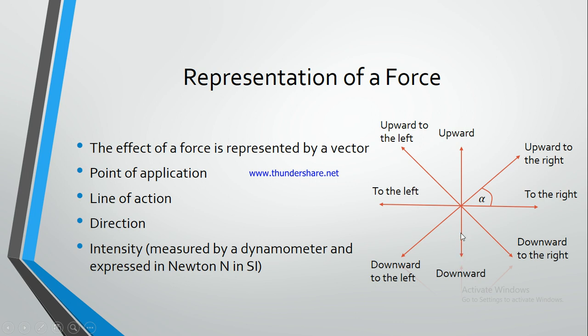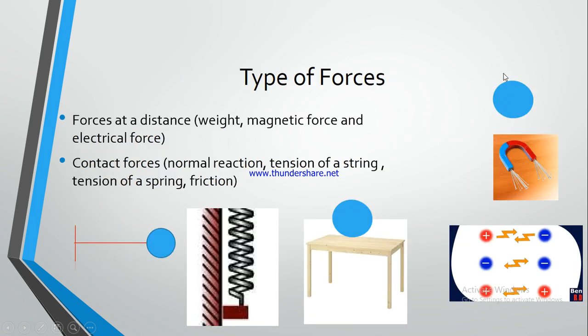If the line of action is vertical, then the force is either upward or downward. So the ball falls downward due to its weight.